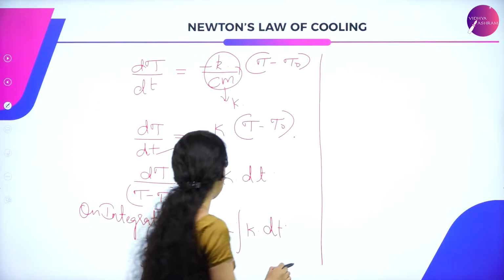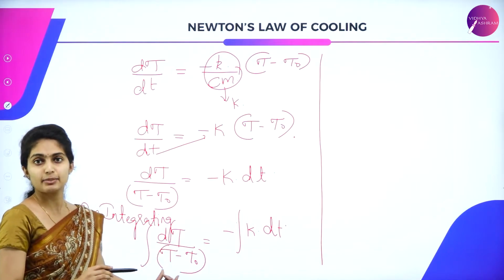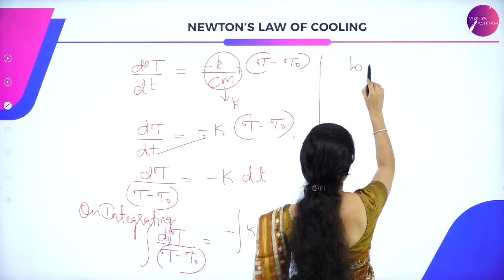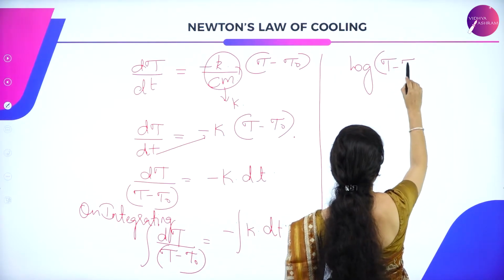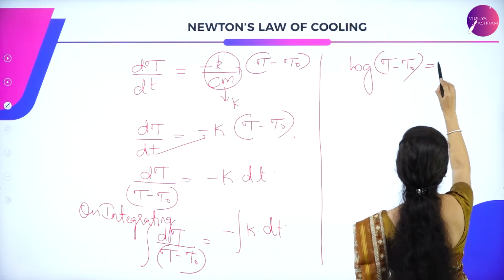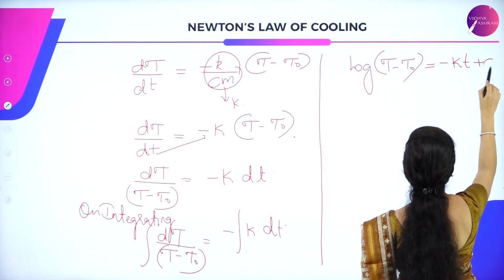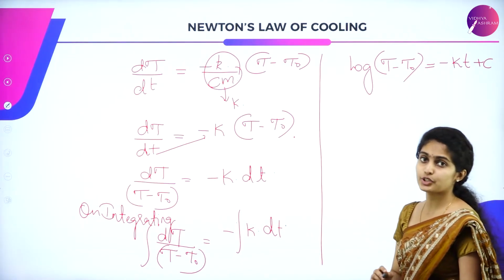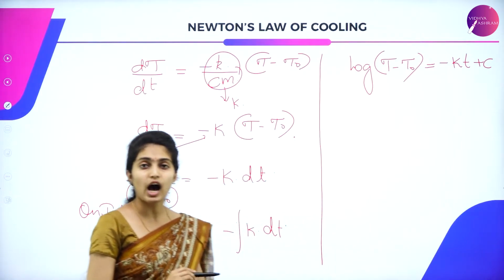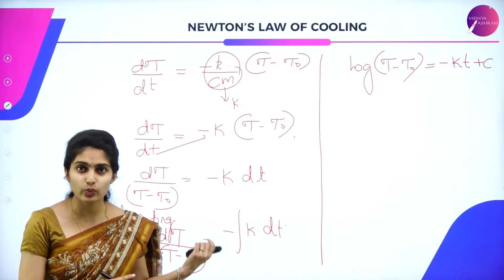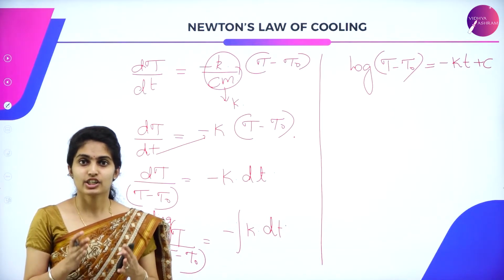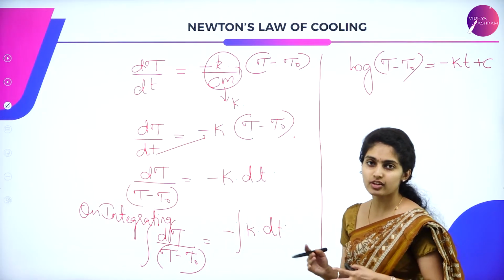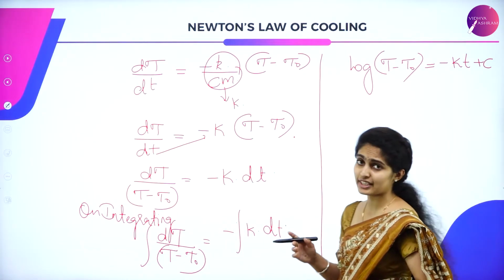This integration gives log of (T minus T naught), which is equal to minus Kt plus C. So we have log (T minus T naught) equal to minus Kt plus C after integrating. This equation gives you a straight line, which gives the curve for Newton's law of cooling. So this is all about Newton's law of cooling.